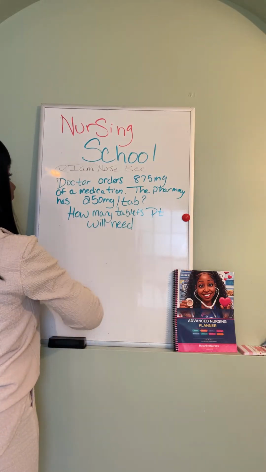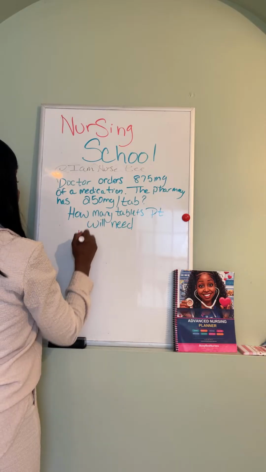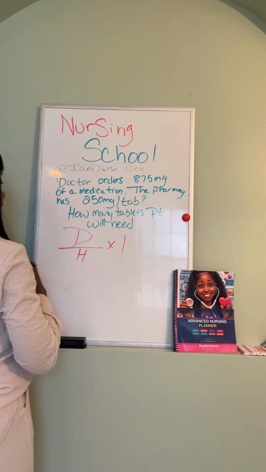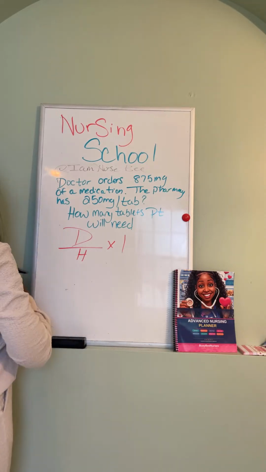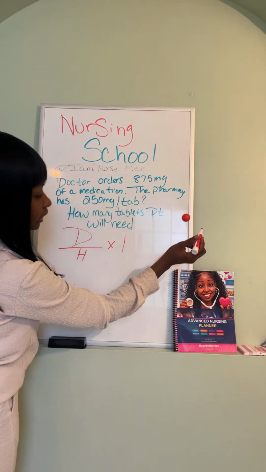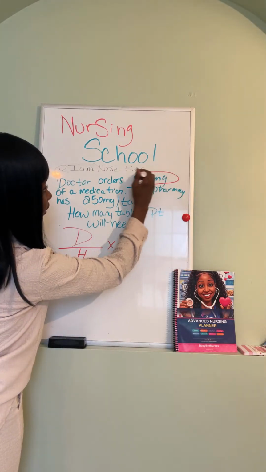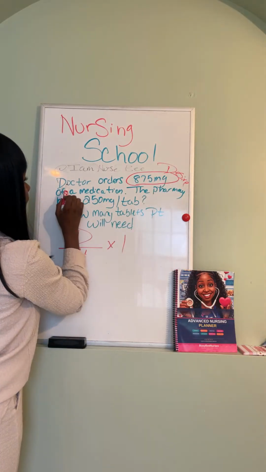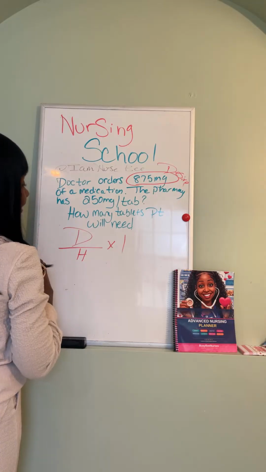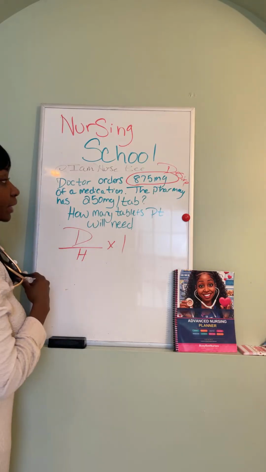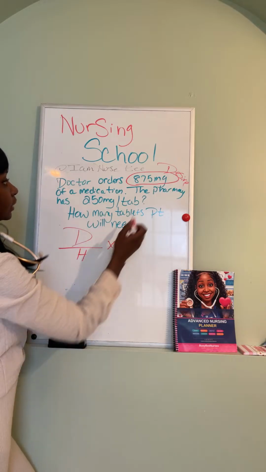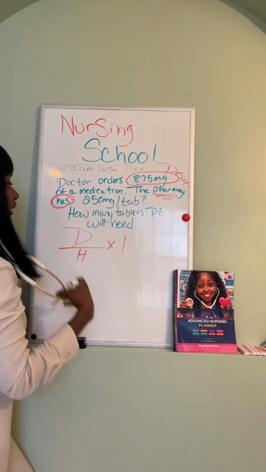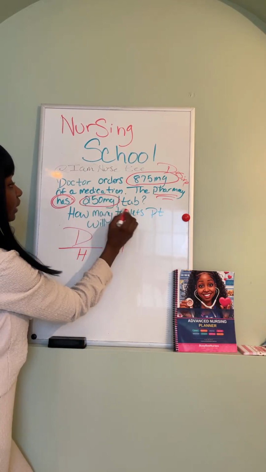So we're going to plug this in again. We're going to do desired over half times the quantity. Now let's plug it in, guys. So your desired is here. This is what the doctor wants. The doctor orders 875 milligrams of a medication. The pharmacy, that's the key word, only has 250 milligrams.